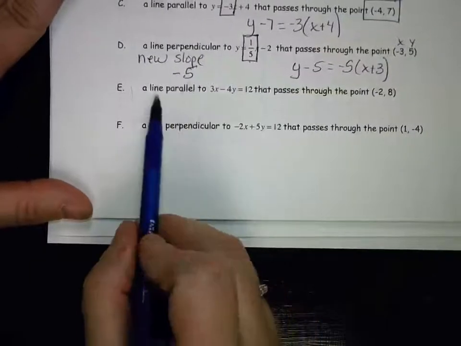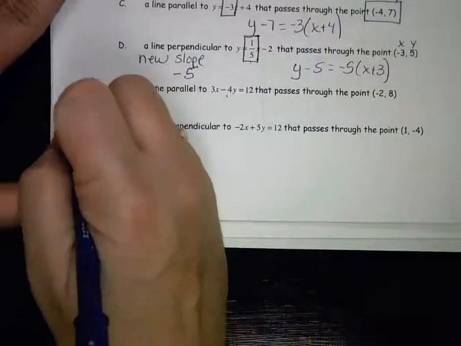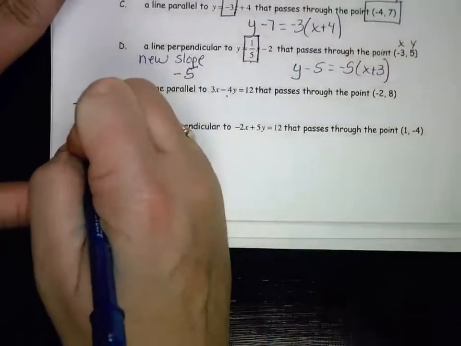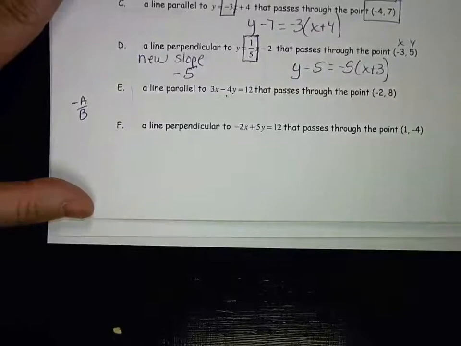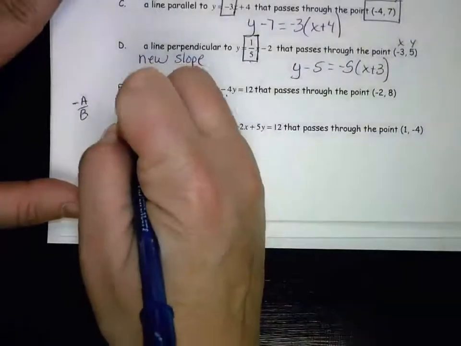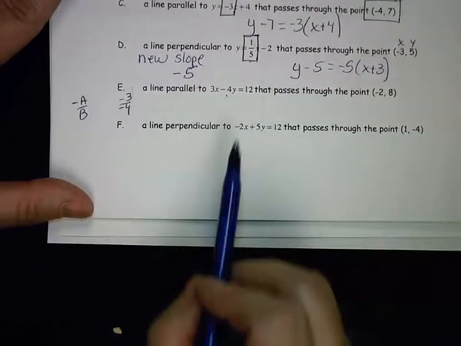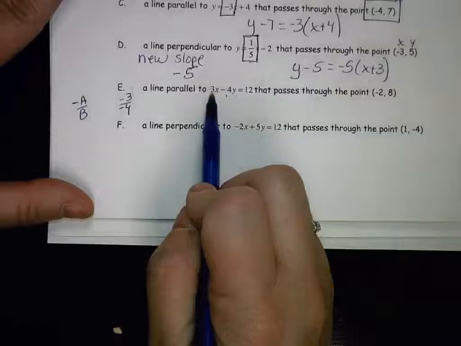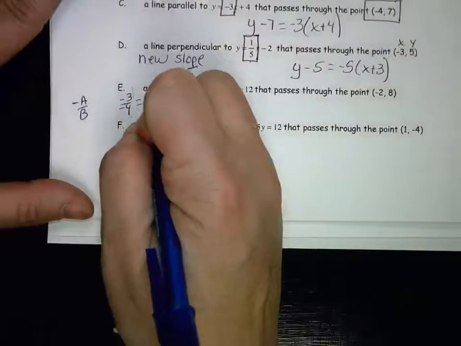A line parallel to this one, and this is the one where it's a little tougher to get the slope. We have this formula, negative a over b. So the formula here will be negative 3 over negative 4, negative this over that, which is 3/4.